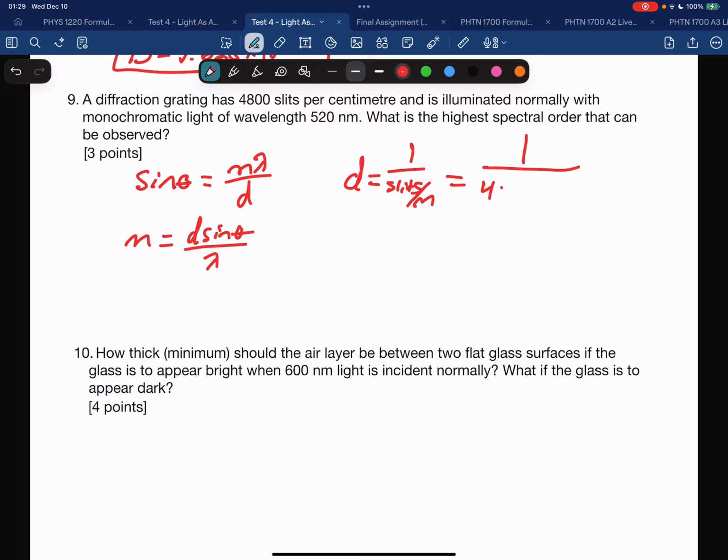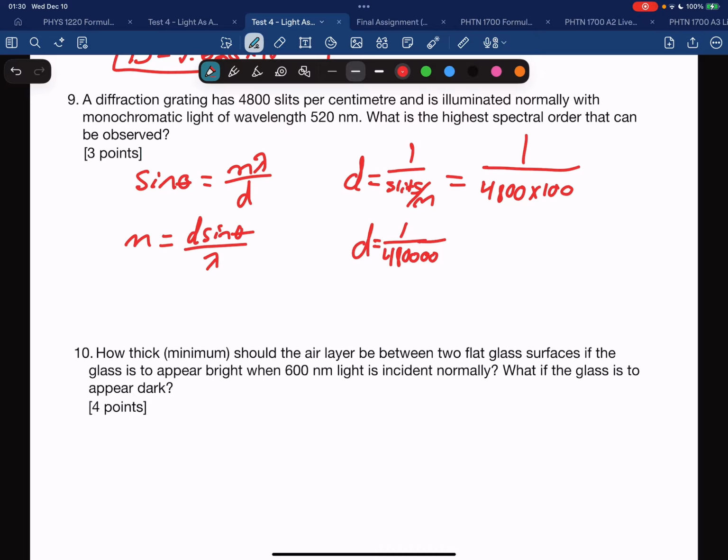There are 100 centimeters in a meter, so I will have 100 times this value in a meter. And so D is going to be equal to 1 over 480,000. So 480,000 is what this actually is, not 4,800.